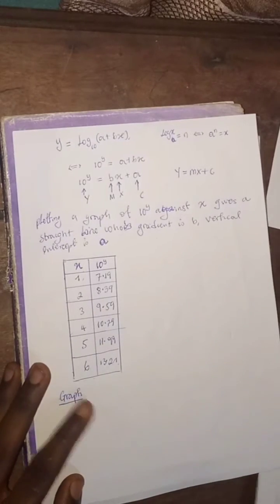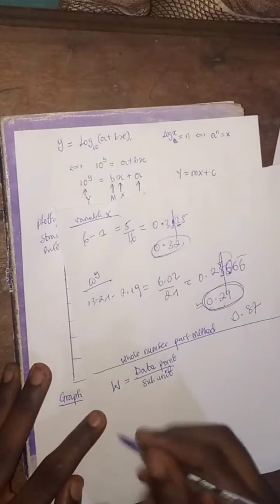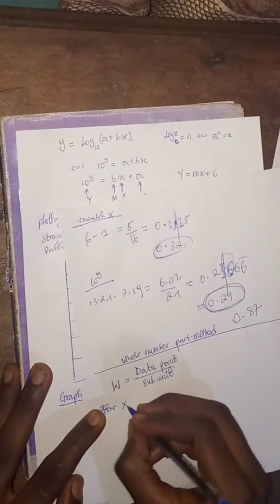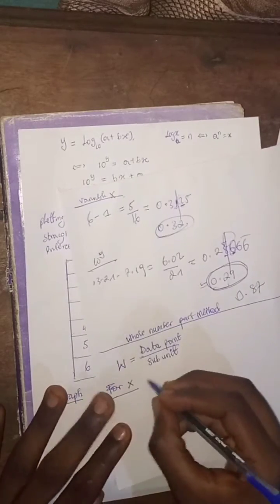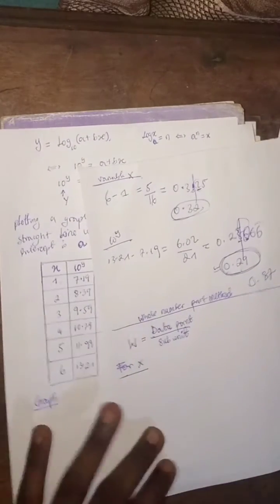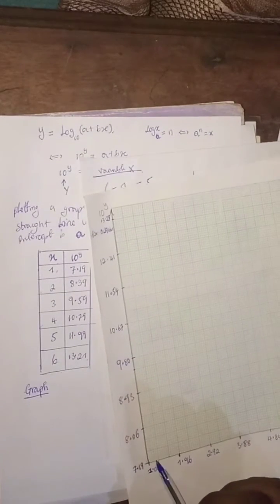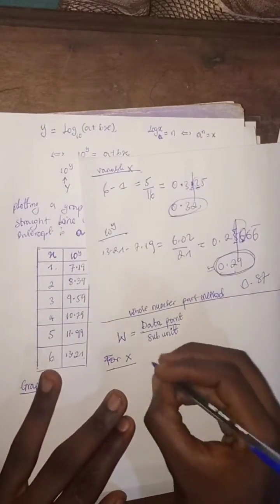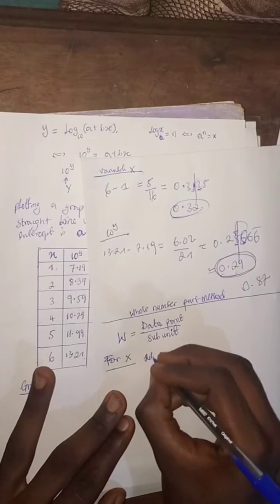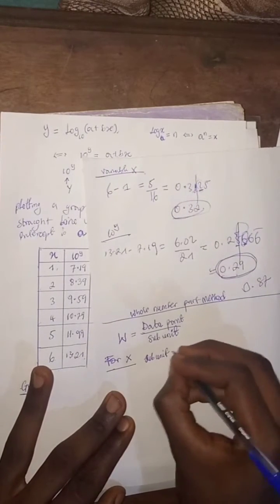So for the x, remember what we are doing: we analyze for the variable x and 10 to the power y separately. For y, since 1 centimeter is equal to 0.2 unit, my subunit will be equal to what?